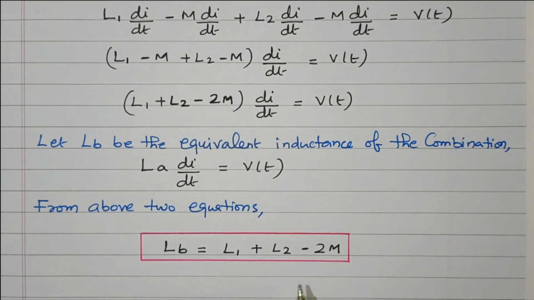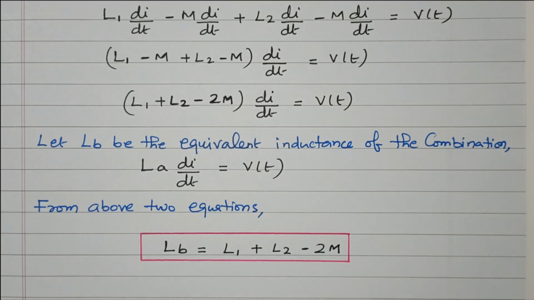So if it is series adding, it means L1 plus L2 plus 2M, while opposing we got the equivalent inductance L1 plus L2 minus 2M. So in this video we discussed the equivalent circuit of a series opposing circuit. Two inductors are connected, and while it is opposing, the equivalent inductance is L1 plus L2 minus 2M.